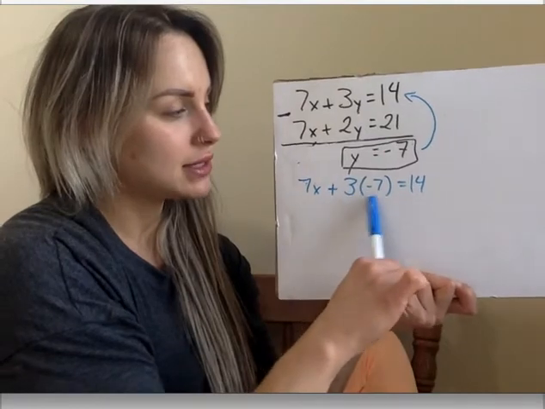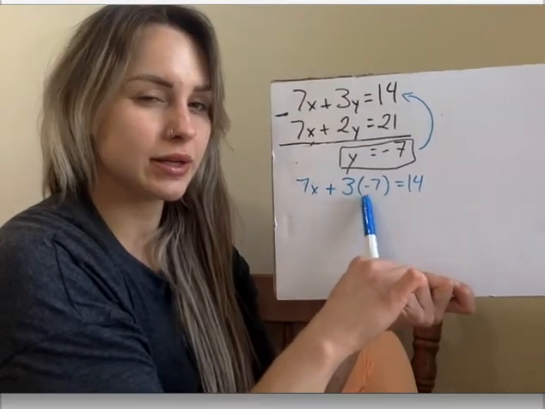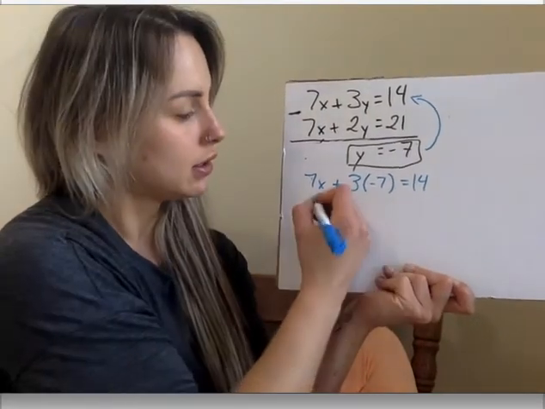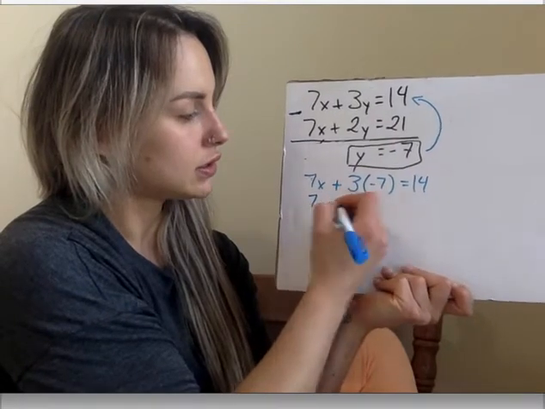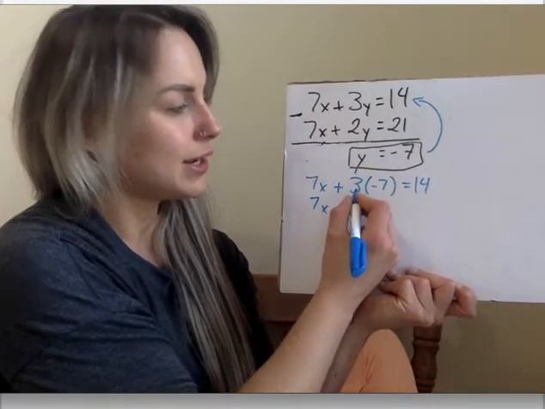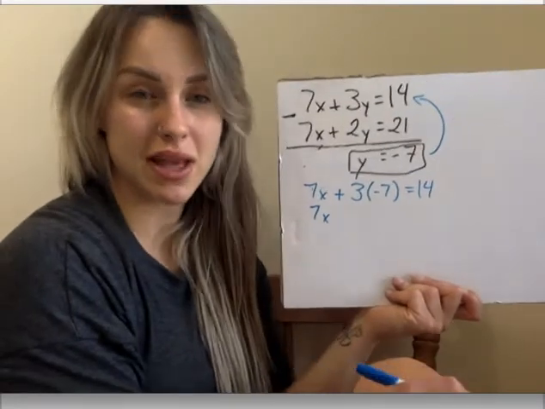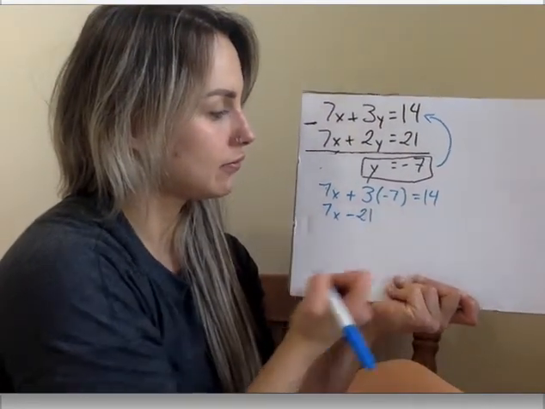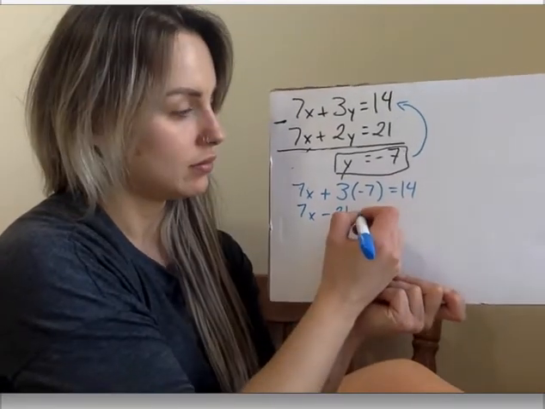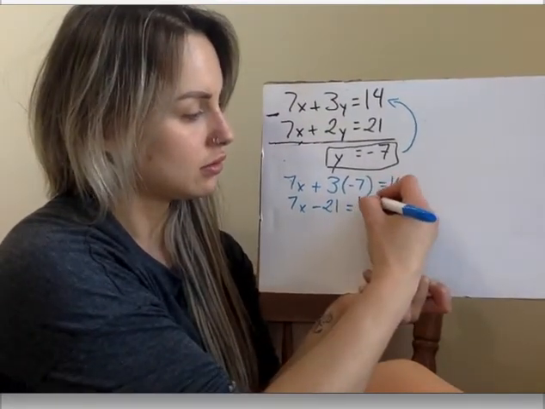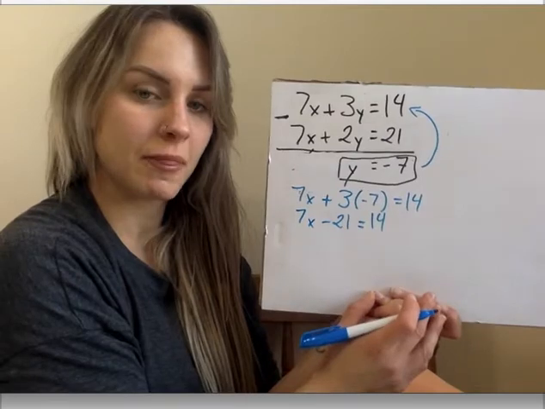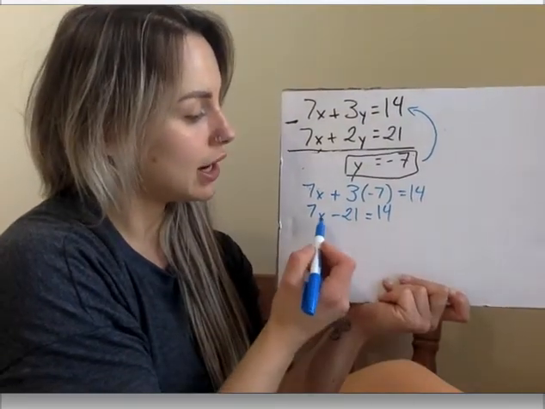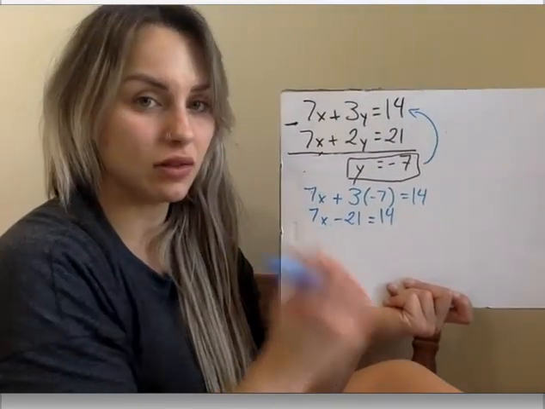We're going to take a look at these two because they're multiplied. We're going to do that first. So 3 times negative 7 is negative 21, equals 14.